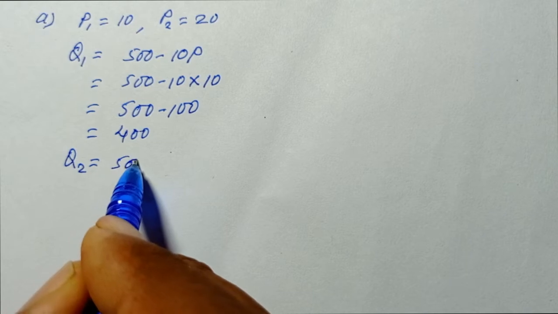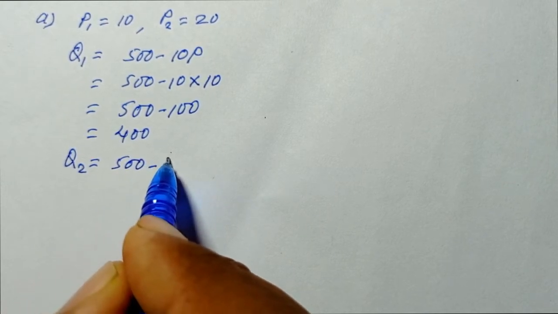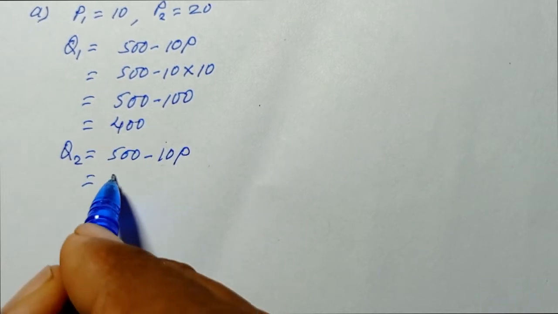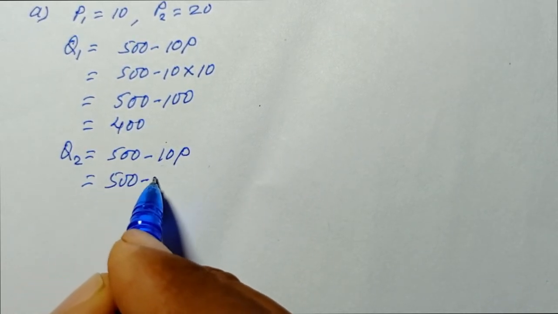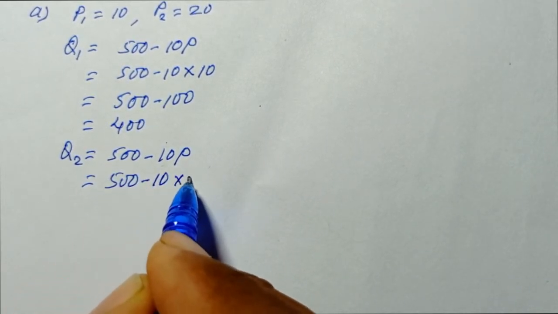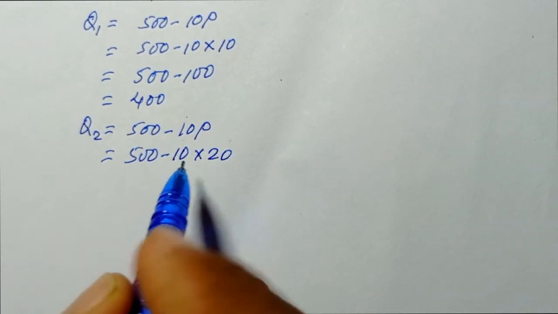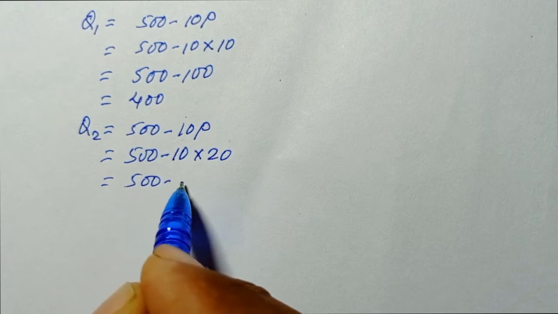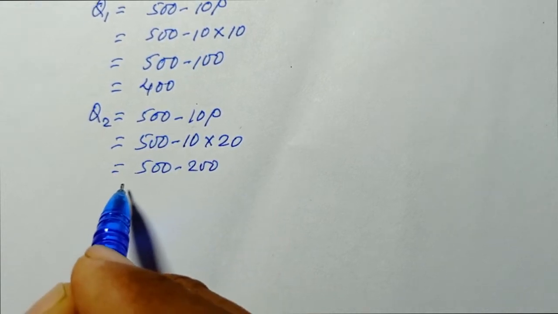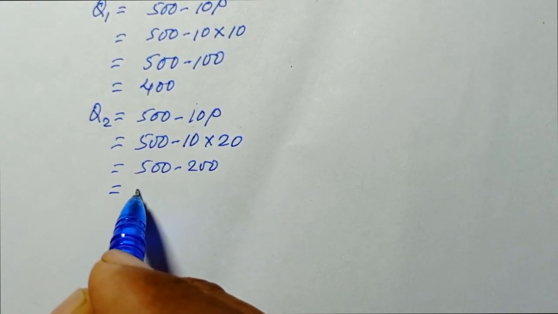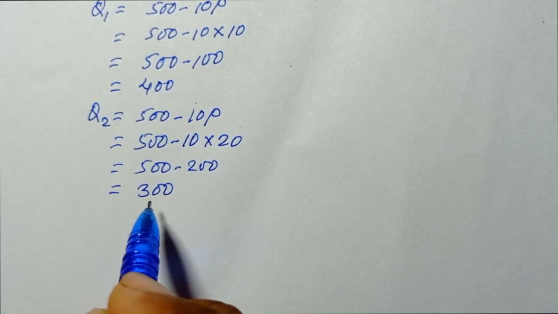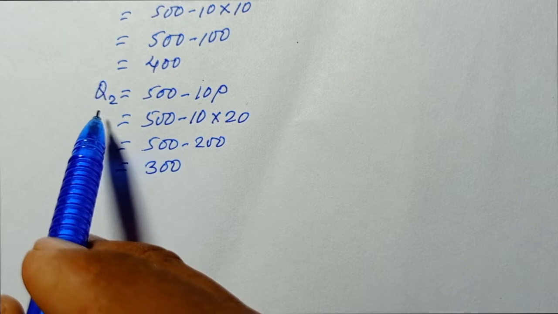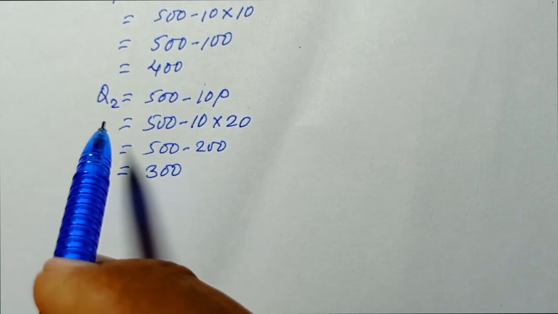You have been given the demand function 500 minus 10P, and in place of P you should write the new price, 10 into 20, and then the new quantity will be 500 minus 200, which is equal to 300. This one is the new quantity, and you could find out the new quantity.